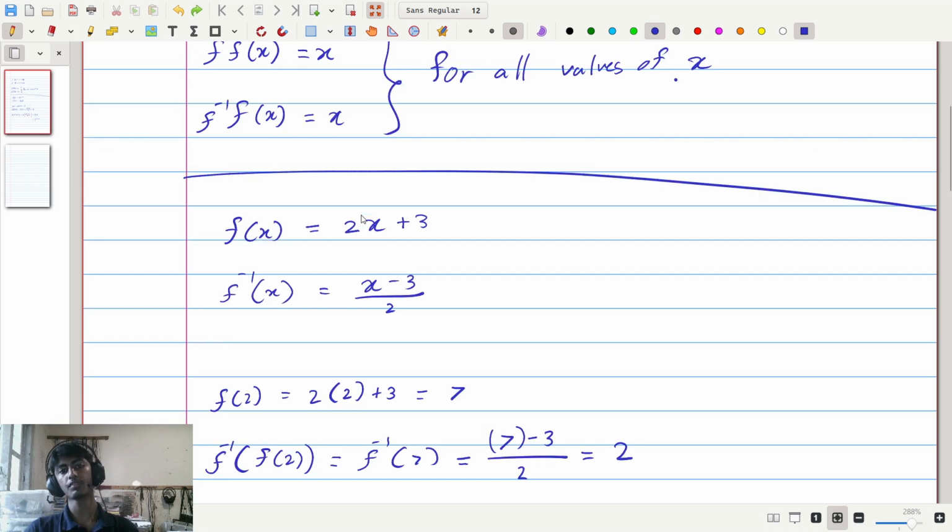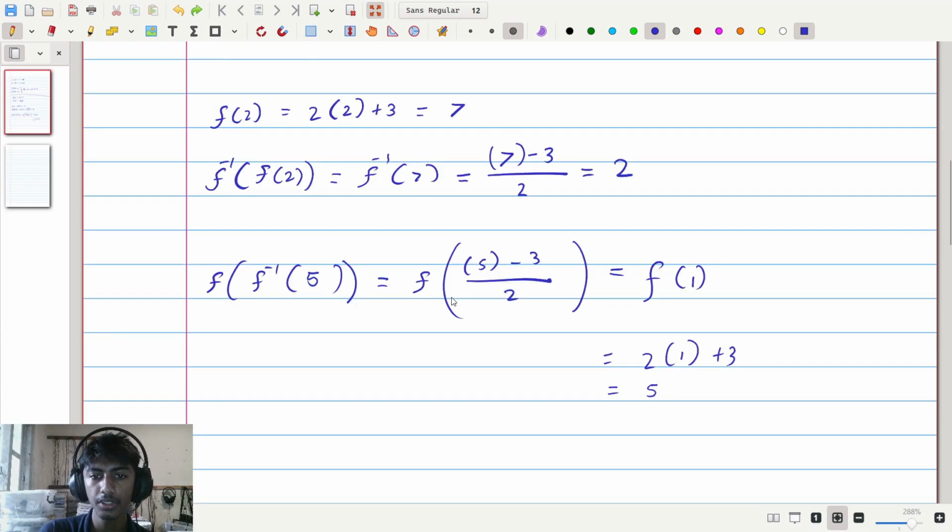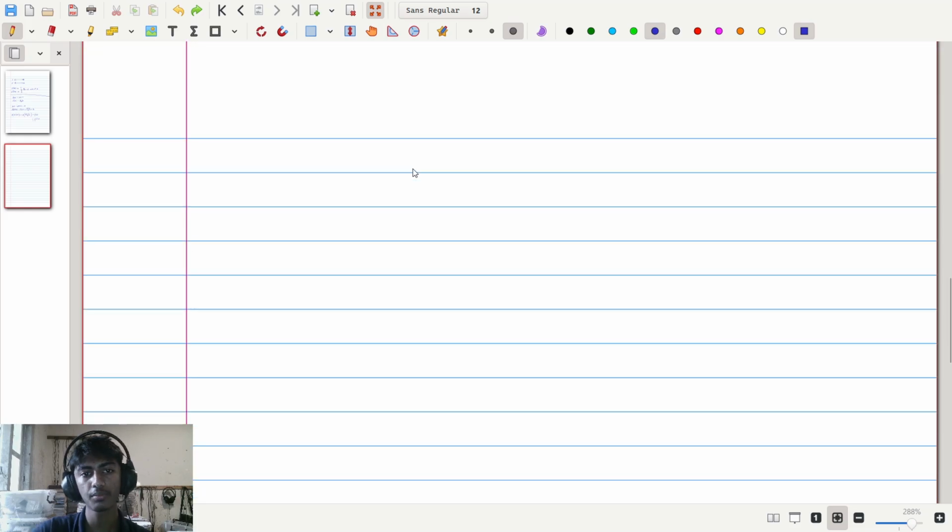So in this case, if you want to really find the inverse function, all you have to do is swap the variables. You have to essentially say, what function, if I substitute f(x) into it, will I get x back? And to do this, one of the easiest ways is to simply write it in variable format.